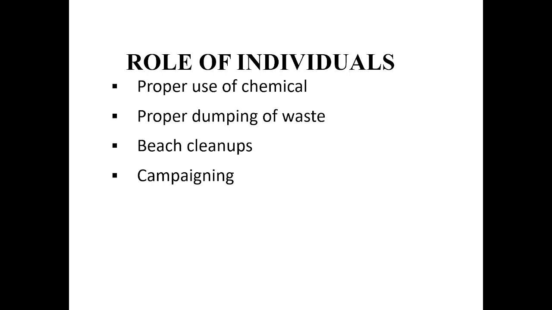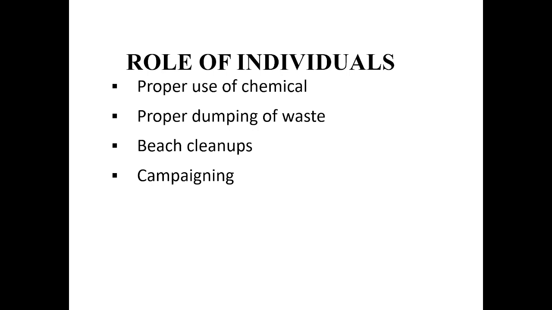The second thing you can do is proper dumping of waste. Organic waste should not be thrown or released into the seawater. And beach cleanups: a small initiative can be taken by individuals or people to clean beaches, so even plastic contamination we can prevent.